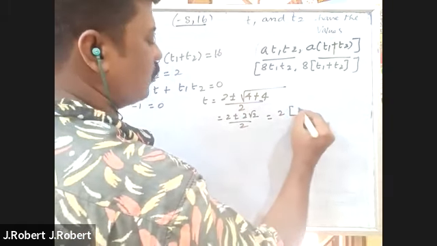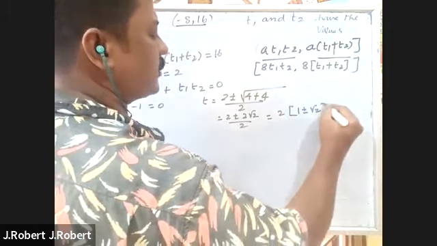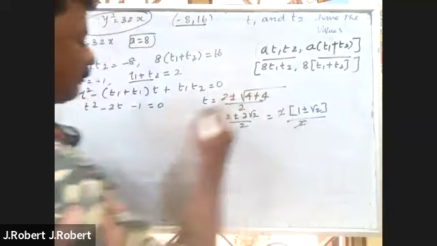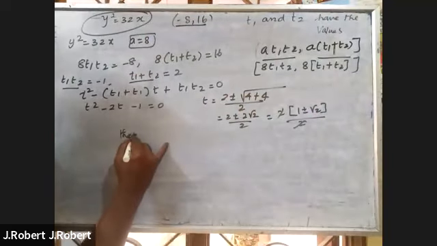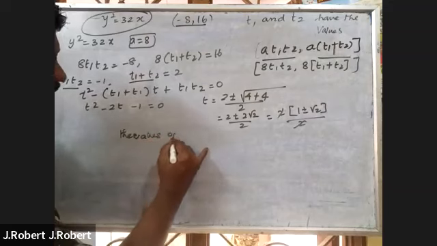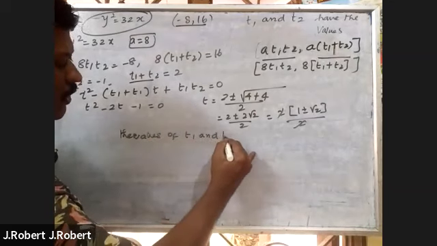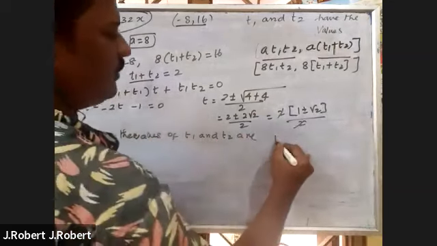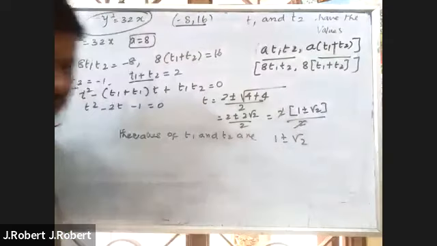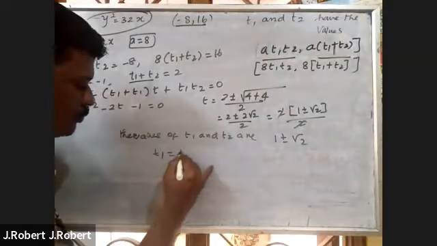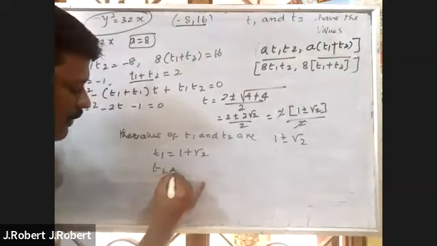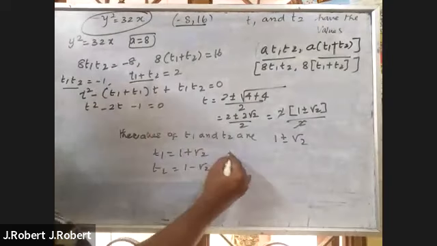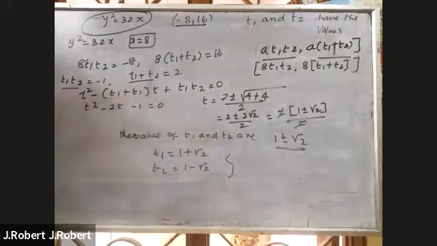Let us take 2 common outside: 1 plus or minus root 2 divided by 2. Therefore, the values of T1 and T2 are 1 plus or minus root 2. Maybe the value of T1 can be 1 plus root 2, or the value of T2 can be 1 minus root 2. The answer will be 1 plus or minus root 2.